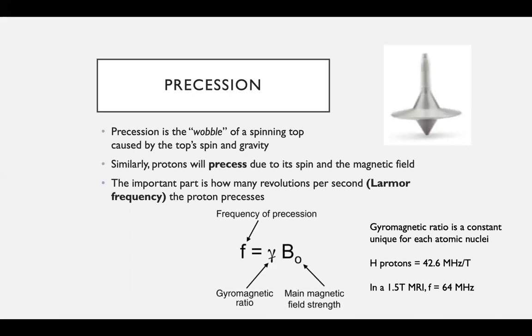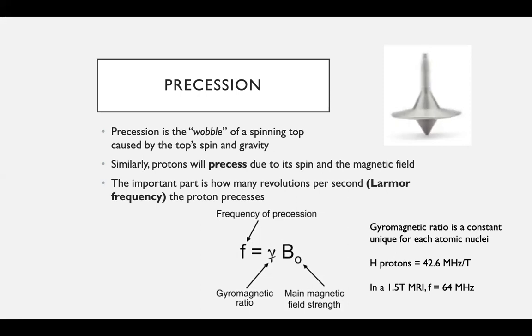The important part for MRI physics is how many wobbles occur per second, and this is called the Larmor frequency. This is really important because this is how we add energy to the proton, and it will drive our discussion in the next few slides.